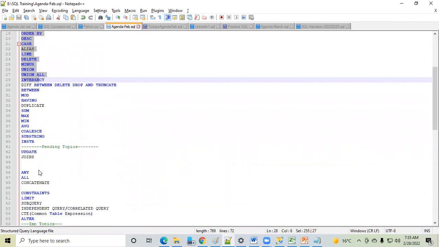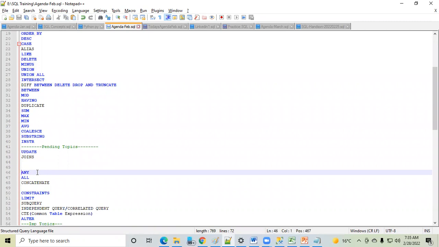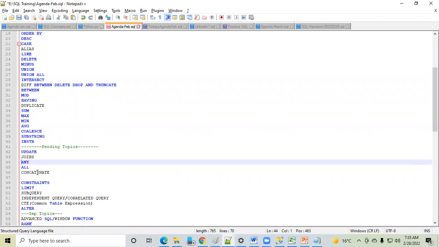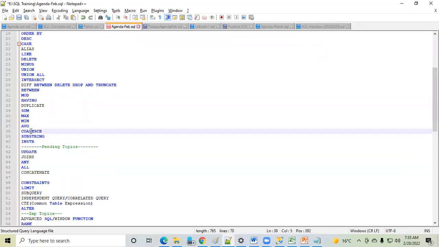So now I'm planning to start with the concept of joins today. This is the most awaited topic in the SQL training course. Shall I proceed? Any question on instr function, substring, coalesce, anything? We covered update also.